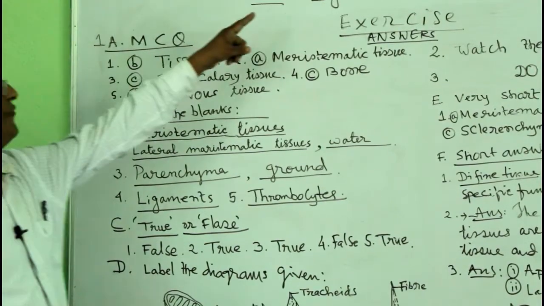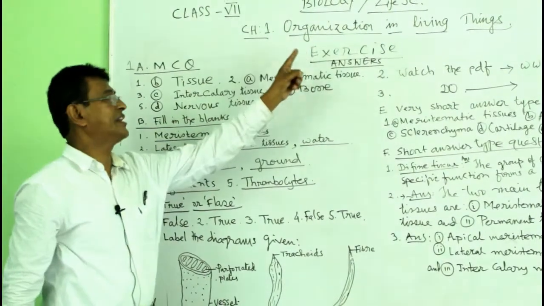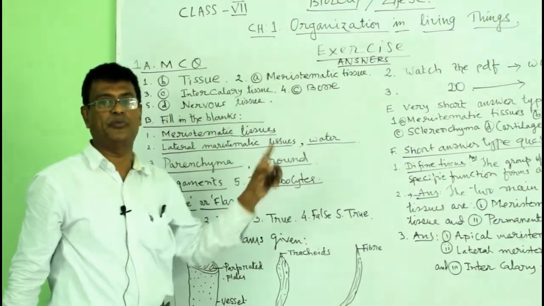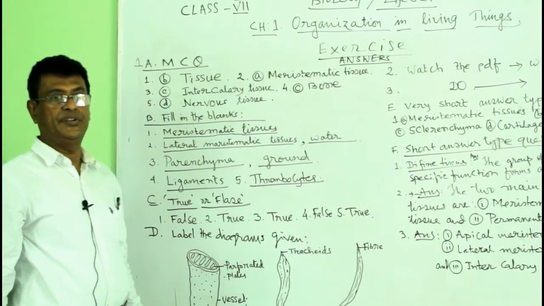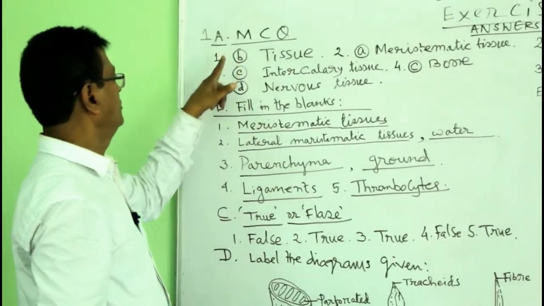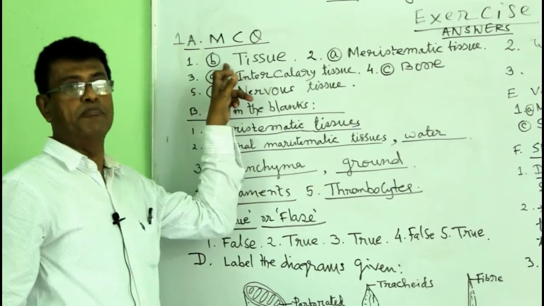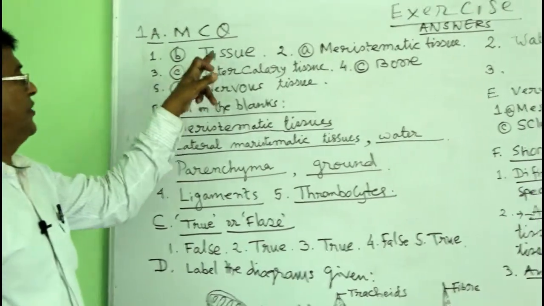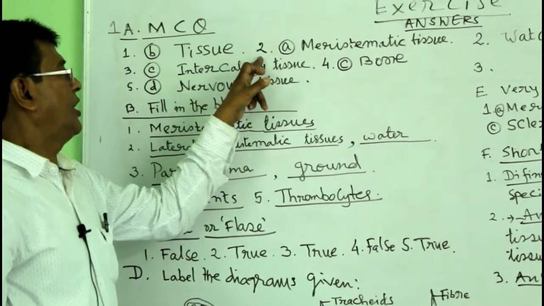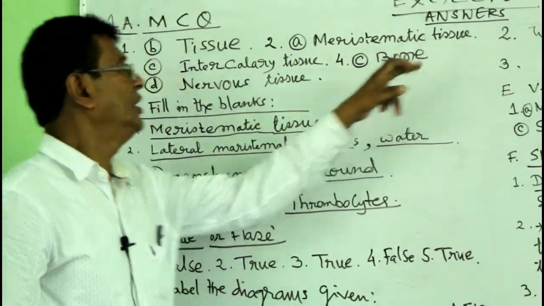Well, children, we have finished chapter 1, Organizing Living Things, and we are in the exercise to tell you the answers of the questions. They are as follows. Question number 1, MCQ. Number 1, your answer is option B, the tissue. For number 2, your answer is option A, meristematic tissue.